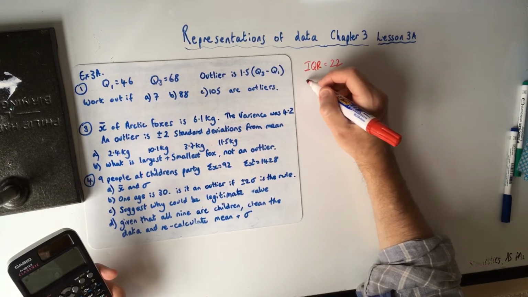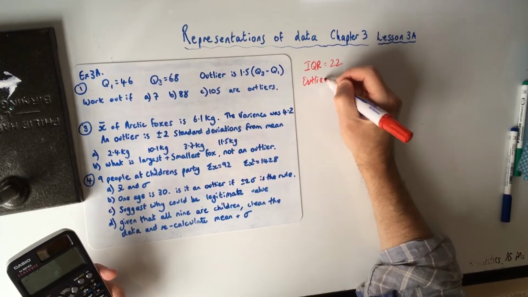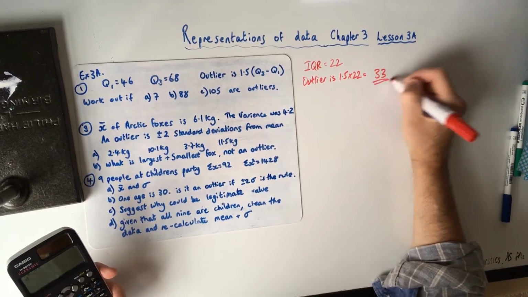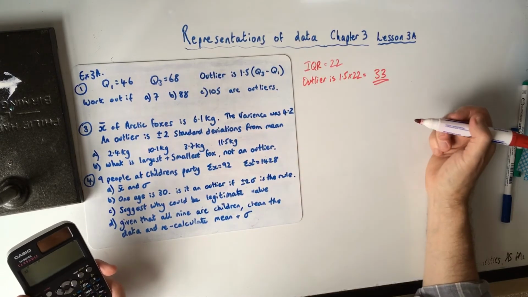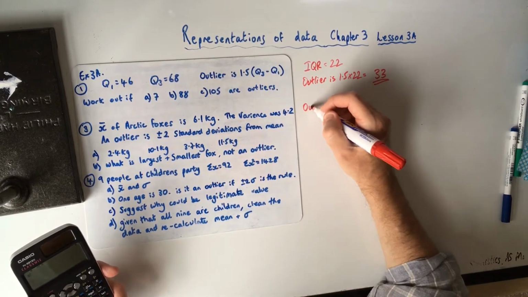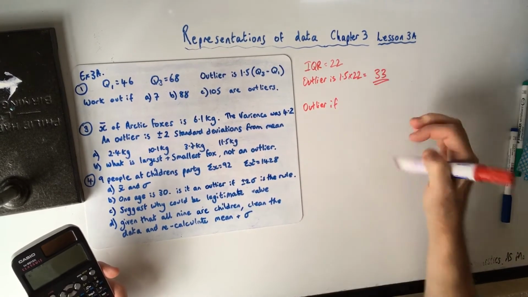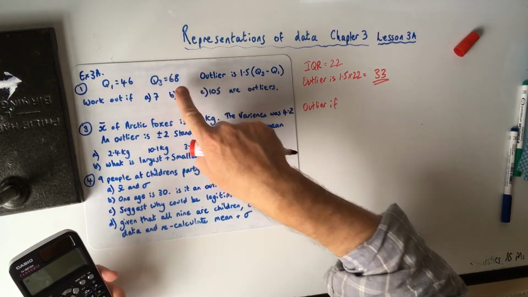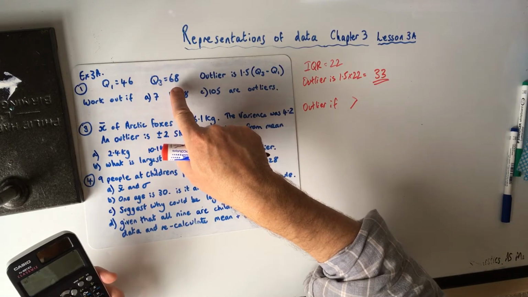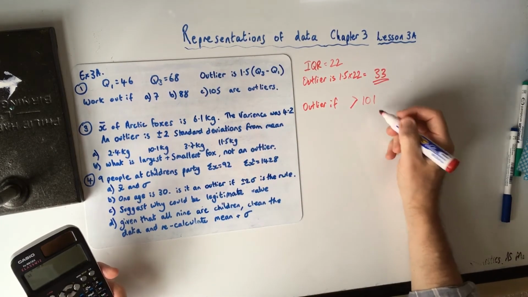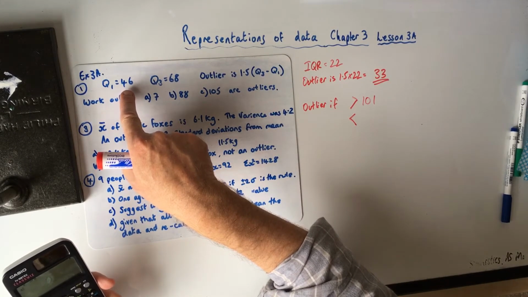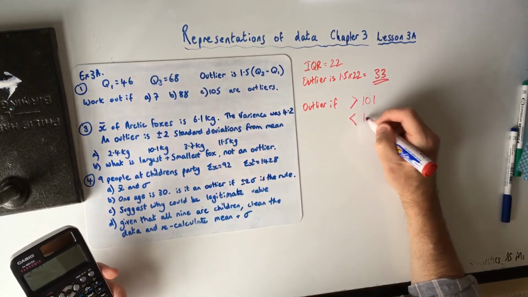That's the interquartile range. An outlier is 1.5 times 22, which gives you 33. So it's an outlier if it's 33 above the upper quartile, or 33 below the lower quartile. Adding 33 onto 68 gives 101, so an outlier is greater than 101, or, taking 33 off the lower quartile, less than 13.